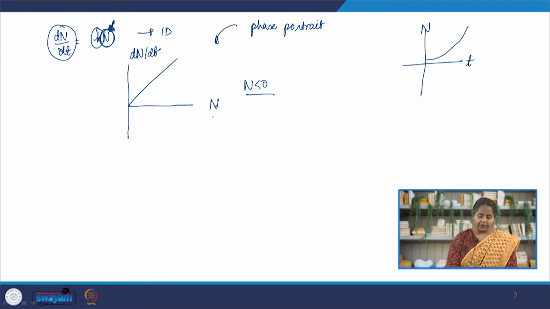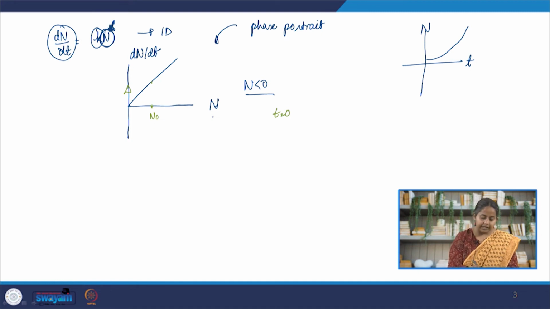Once we have this, think about it. Let us say our starting position is here. At time equal to 0, we are starting with this number n naught. It is a qualitative approach, so we are not going to do any calculations. Look at this graph. At n naught, dn by dt is positive, above the x-axis, which means the number of bacteria is going to grow.